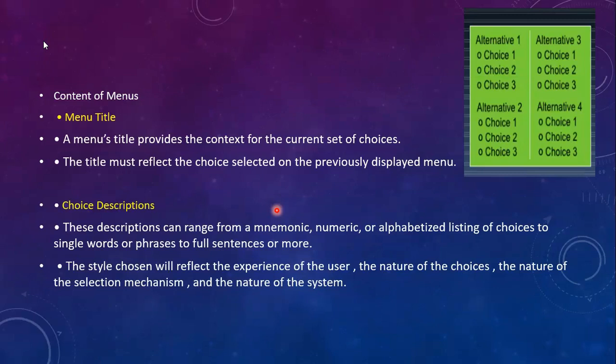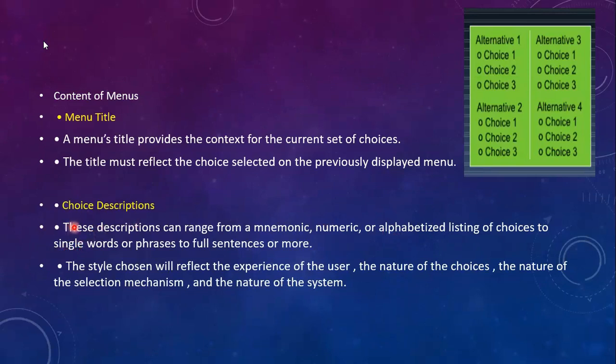That is the numeric way. Another one is alphabetized. Suppose you are given grades A, B, C, D. If the content is very good, you may choose A, or if the content is poor, you may give your feedback as D. This is an alphabetized listing of choices.